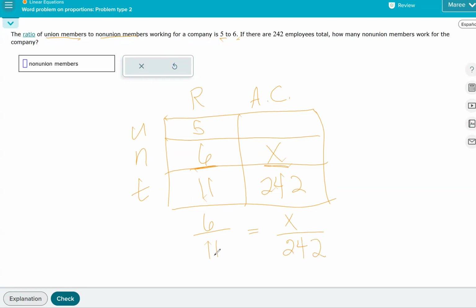I already know that 11 times 22 is 242, so I can do 6 times 22. But I'll have to show you that trick on 11s to show you how I know that. But probably with my calculator, I'm just going to go like that: 6 times 242 divided by 11 is 132.